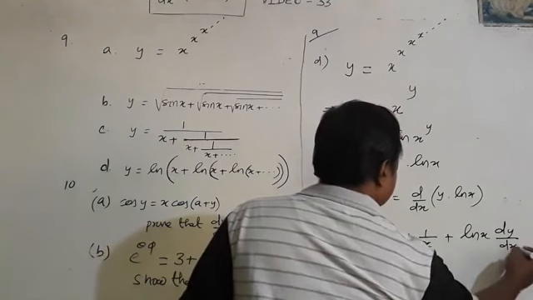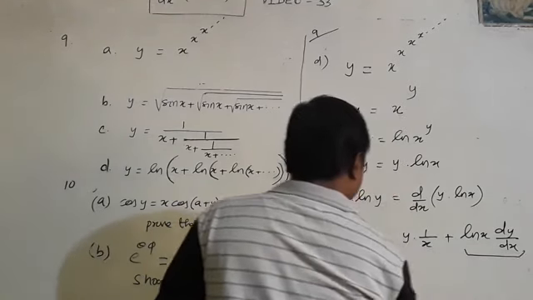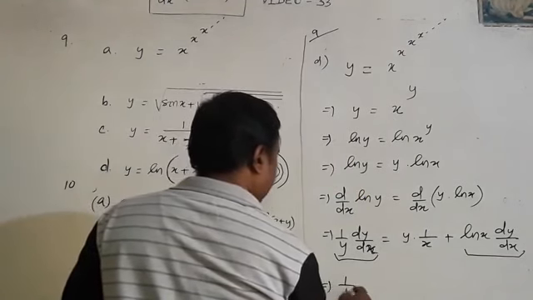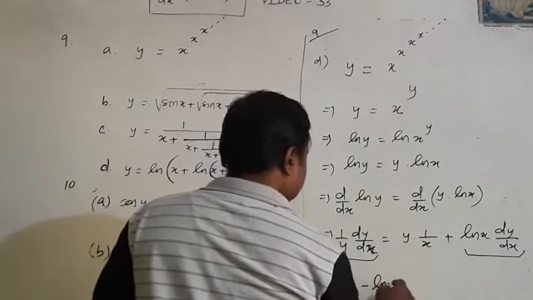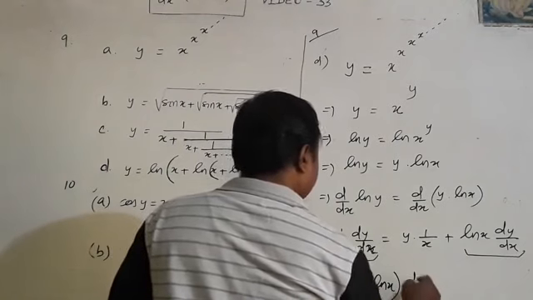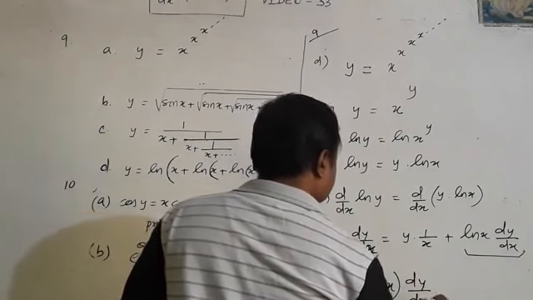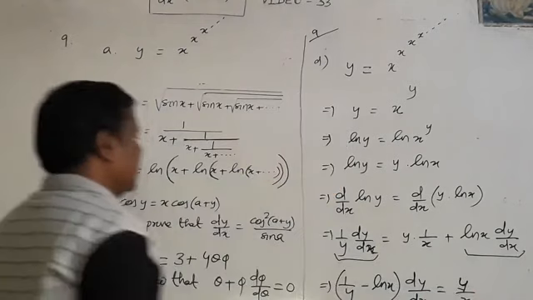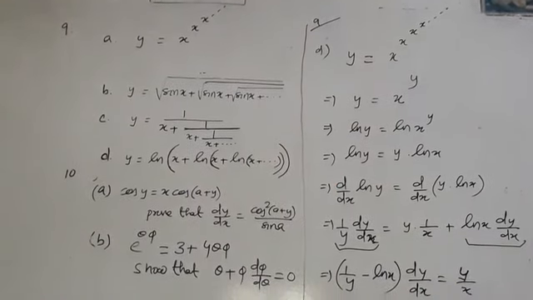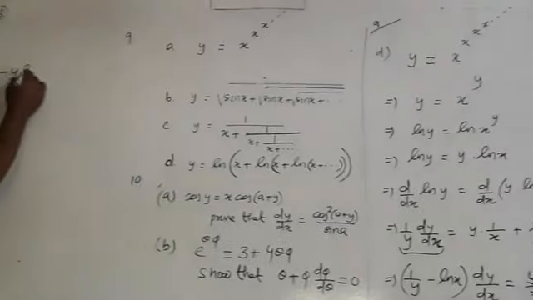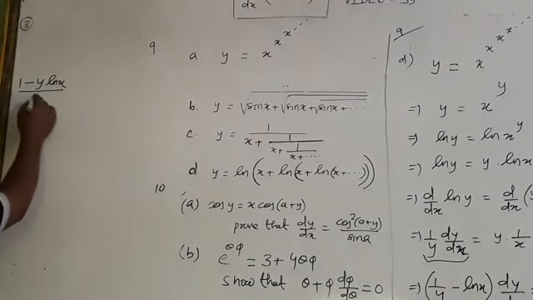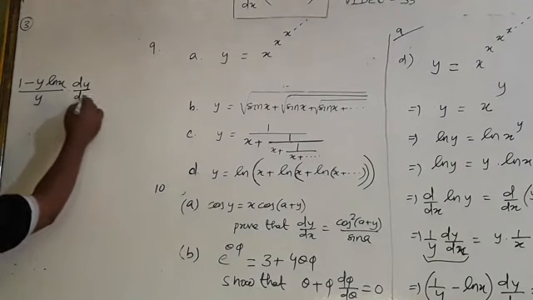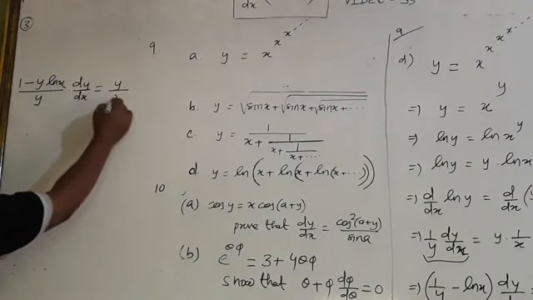Here this is a dy by dx term, and here it is also a dy by dx term. So take common, no problem. 1 by y minus ln x, into dy by dx, is just y by x. Coming to this side, it becomes (1 minus y ln x) by y, into dy by dx, is equal to y by x.